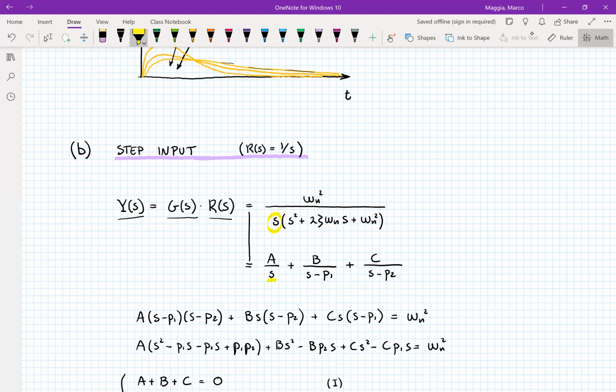So one pole is equal to 0 and the other two are the old P1 and P2. So here the analysis is obviously longer because you have 3 coefficients to determine: A, B, and C.